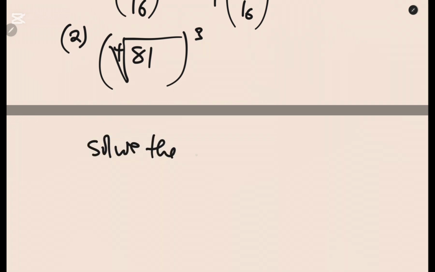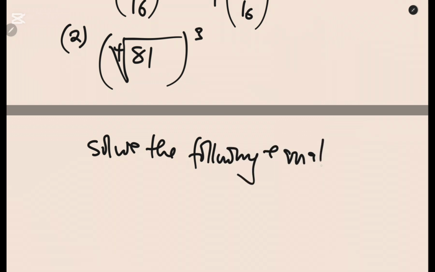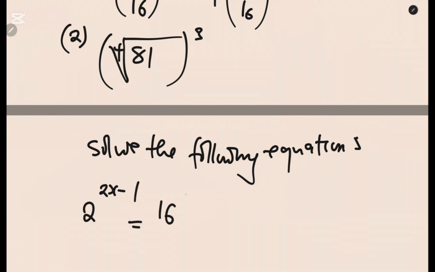Solve the following equations. So we have 2 to the power x minus 1 equal to 16 to the power negative 2x. What is the answer?